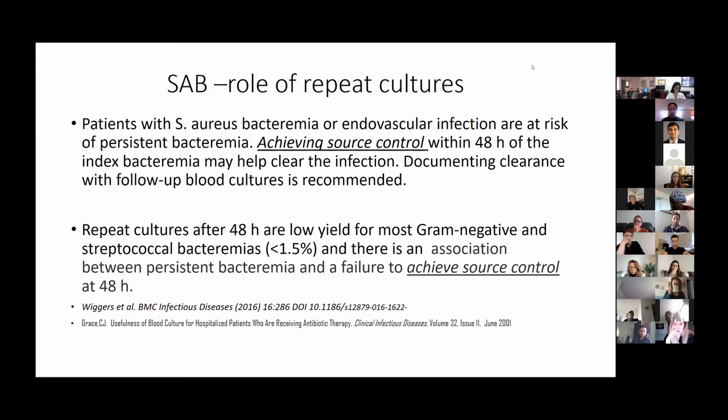It's associated, therefore, with endovascular infection, and it is critical to achieve source control so that we can clear the infection. And in Staph aureus bacteremia, you always have to obtain a follow-up blood culture. And sometimes we even do what are called skip cultures. So you'll have day one, you do your blood cultures, it's positive. Day 2 or 3, you repeat and it's negative.